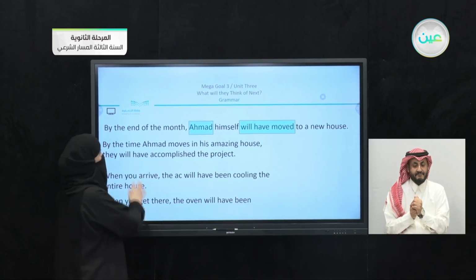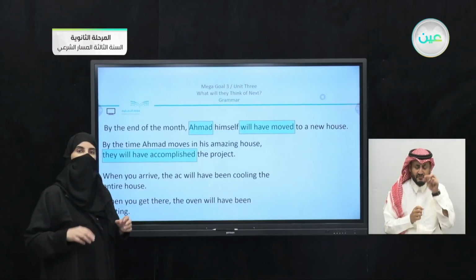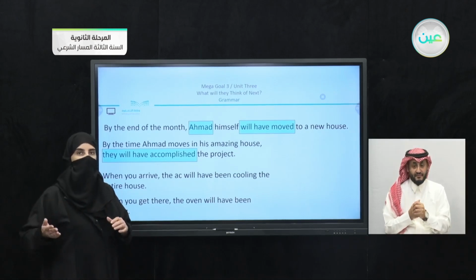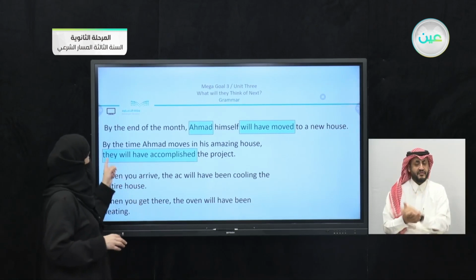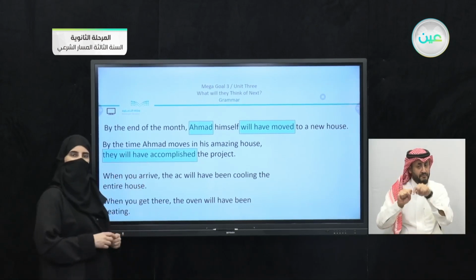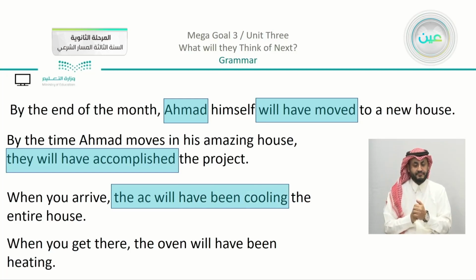In the second sentence, we have here, they will have accomplished. Now here, this is something interesting to just point out, that we use have. Either it is singular or plural, we have the same helping verb. So we have here, they will have accomplished. Also, the AC will have been cooling.